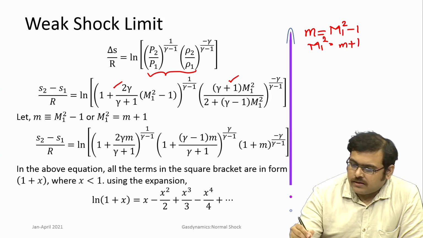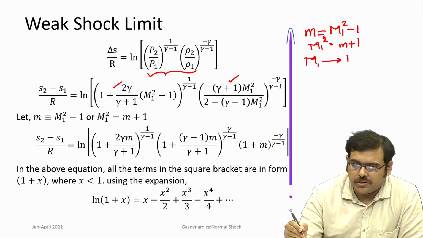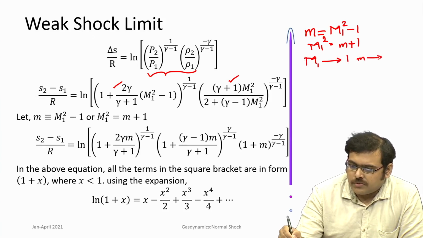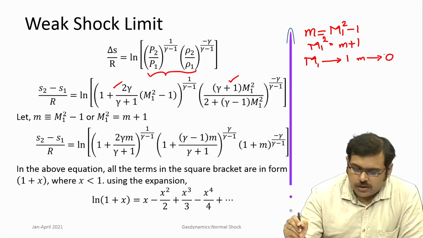Now we are looking at the limit that m1 tends to 1. This is the weak shock limit. So if m1 tends to 1, m tends to 0, so m tends to very small values.